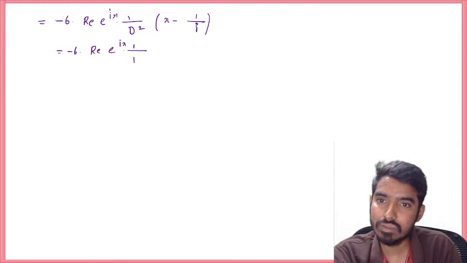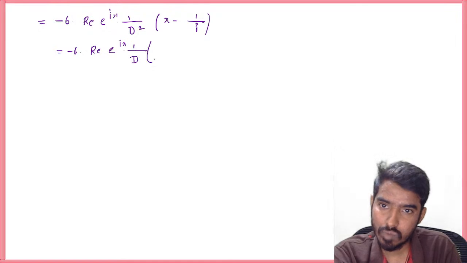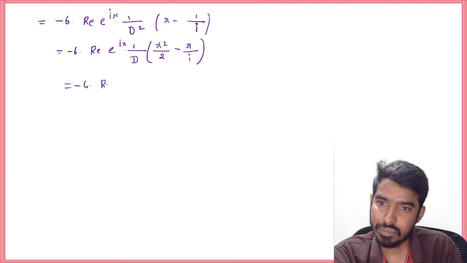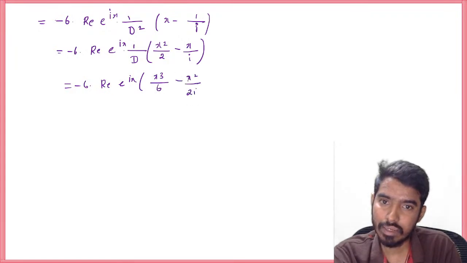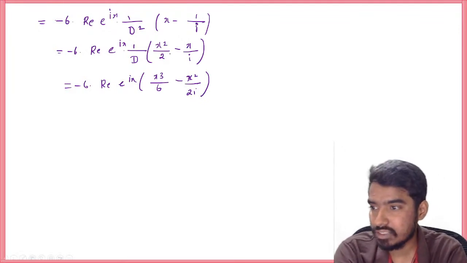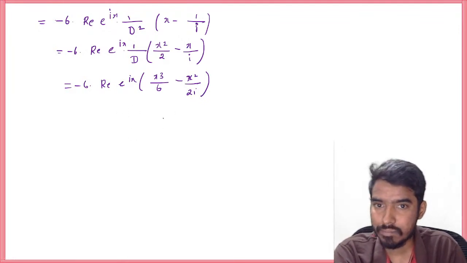So 1 by D square means you have to integrate twice. So 1 by D of x square by 2 minus x by i, and this will be minus 6 times real part of e power ix, x cube by 6 minus x square by 2i, right? We have to integrate this twice. Now we have to consider the real part, right?